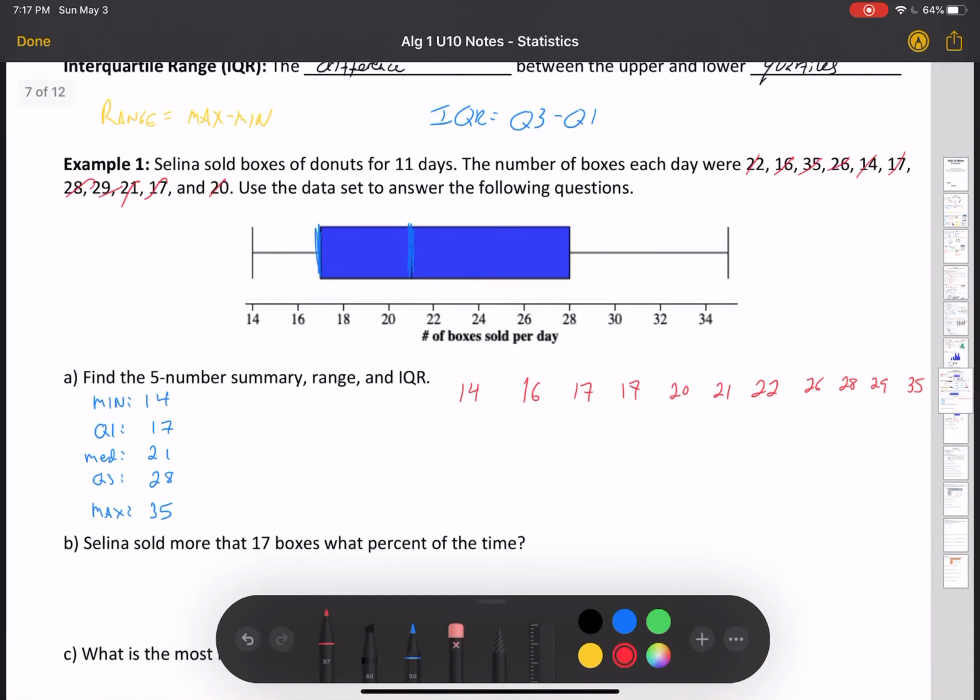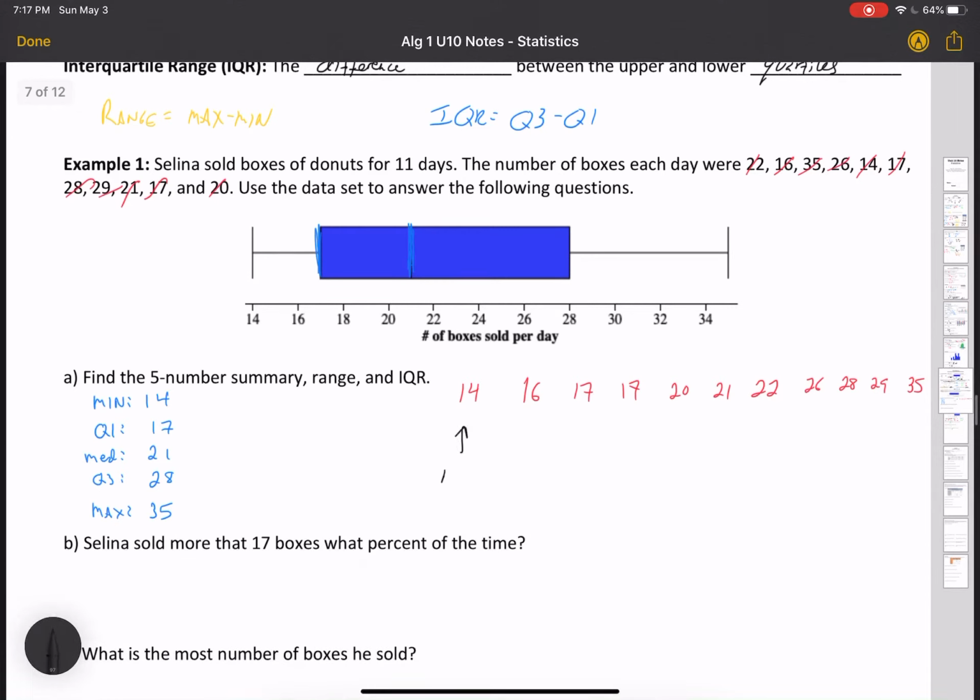We can see this is the min, that's the max.